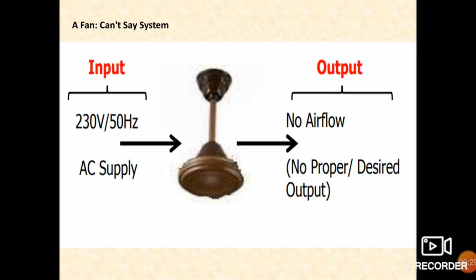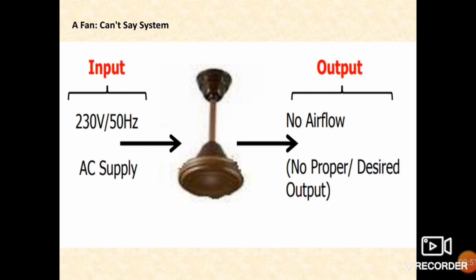Airflow. The fan doesn't have any blades, so it can't produce airflow at all. So I am saying this type of fan is not at all a system. A fan without blades can't be a system because it doesn't produce a desired or proper output at all.